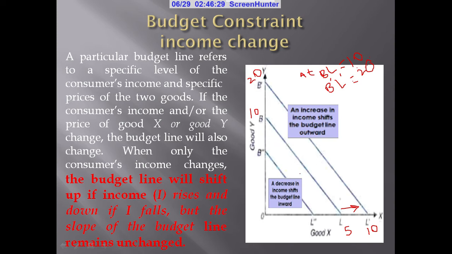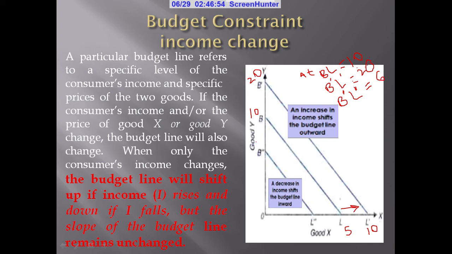In a similar manner, when income decreases, keeping prices constant, at budget line B double dash L double dash, assuming at this budget line the individual's income equals 6, from 10 it will reduce to 6.